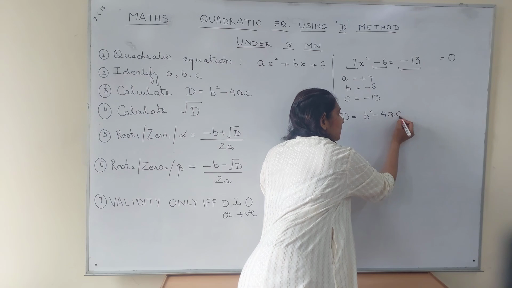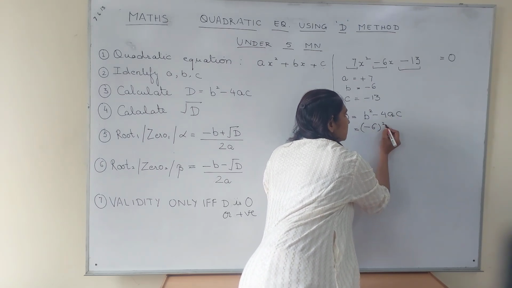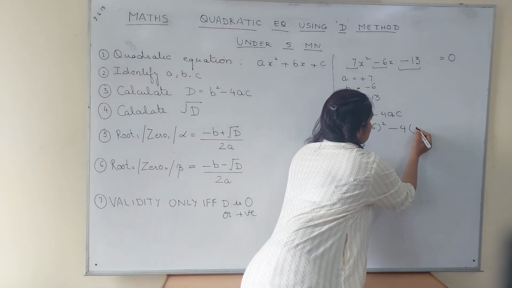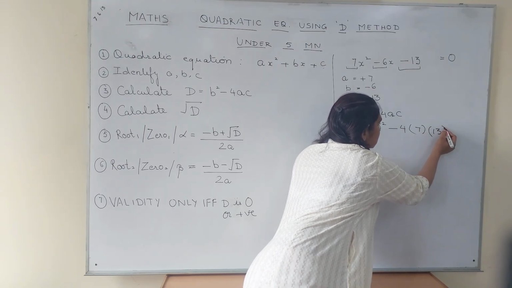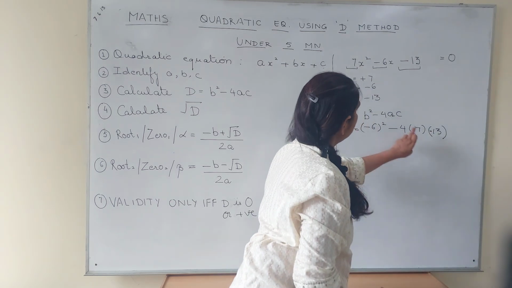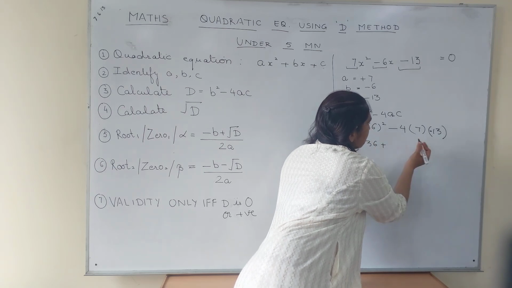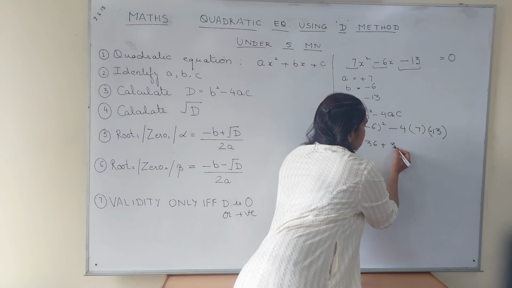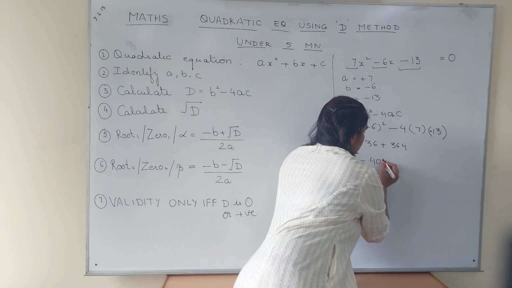Let's calculate. b² means 36, and a is 7, c is minus 13. Be careful of the minus. So it becomes 36 plus 4 times 7 times 13, that is 91 times 4, which is 364, and this becomes 400.